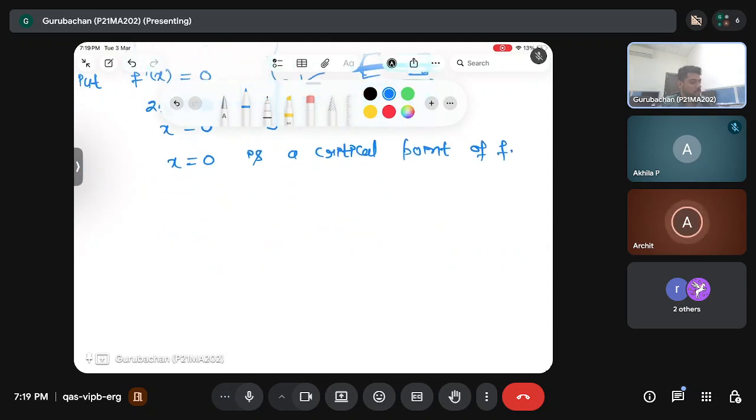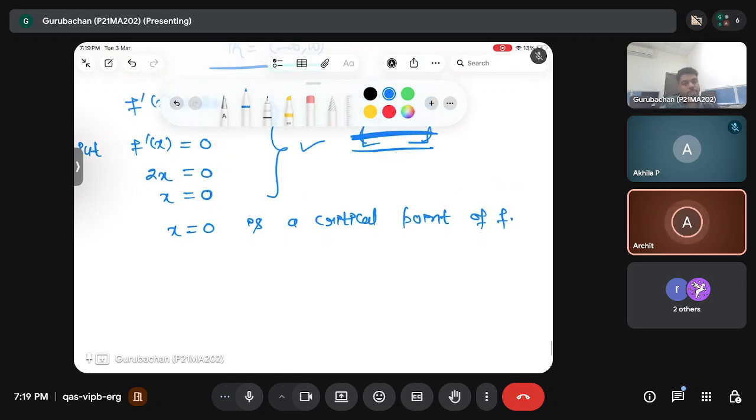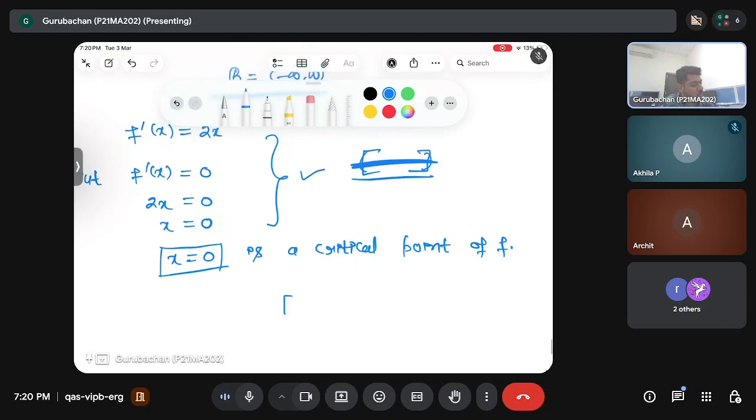So in critical points, what points will we check? First, where the derivative is 0, and second, the endpoints. Like here the interval is -2 to 2, so you need to check at -2 and 2 also. One is x equal to 0, which is a critical point, and the other points to be considered are -2 and 2, the endpoints of the interval.